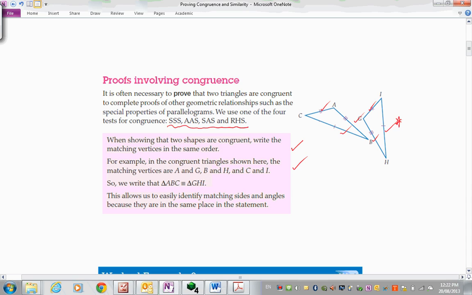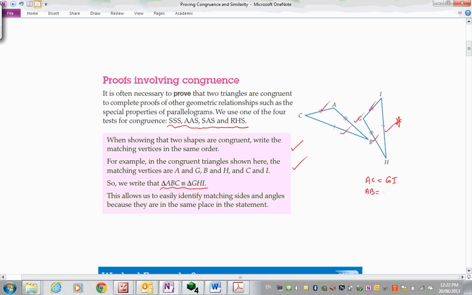So CA, what's that equivalent to? GI, or another combination.